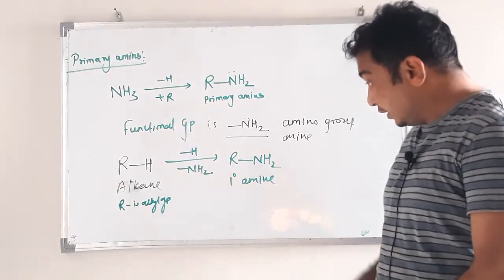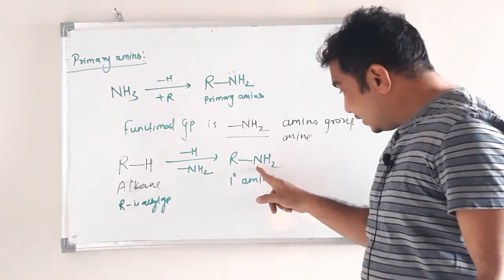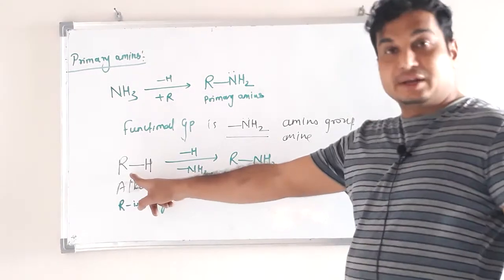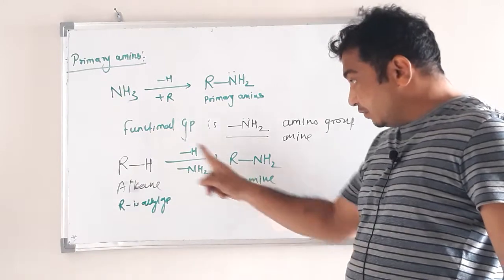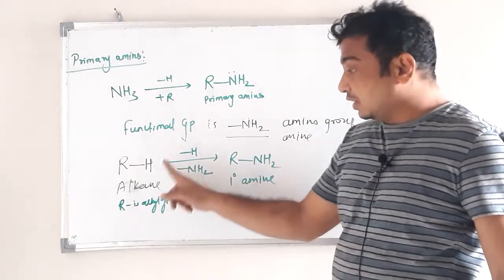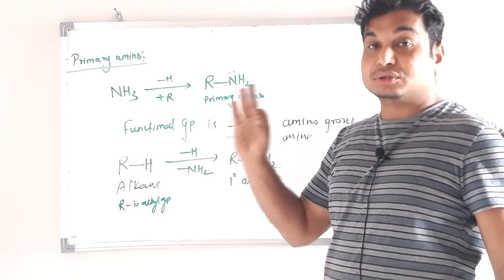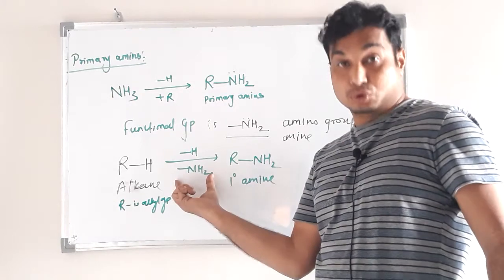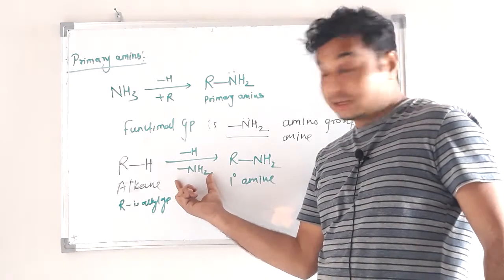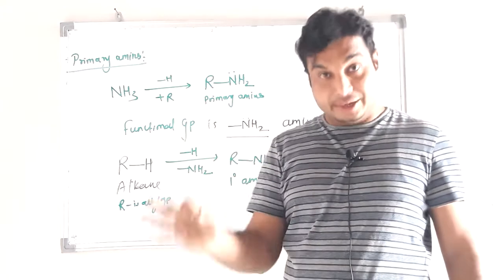Now let us define in this term. This RNH2 is obtained from alkane, so it is a derivative of alkane, obtained by replacing one hydrogen atom by an amino group. Okay, so primary amine is a derivative of alkane.